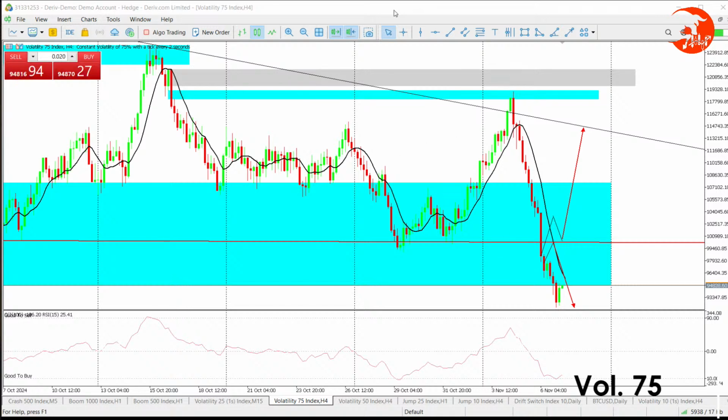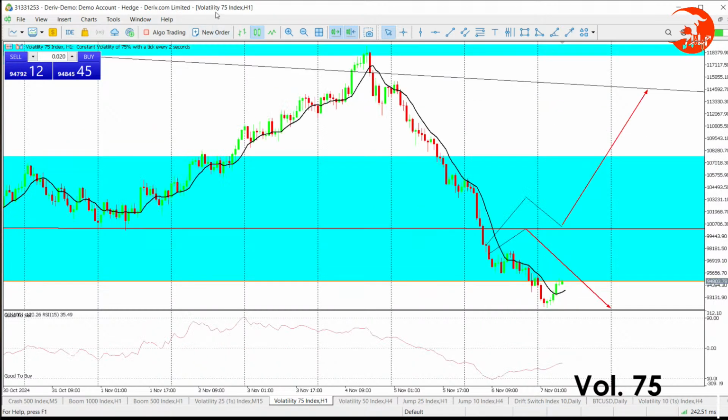Now V75. So V75, simple analysis that we did yesterday. We were looking for a retracement back to that level, and then we can continue selling it, but somehow we didn't. When we got that retracement on H4, it was one candle of H4, and then it continued to sell.